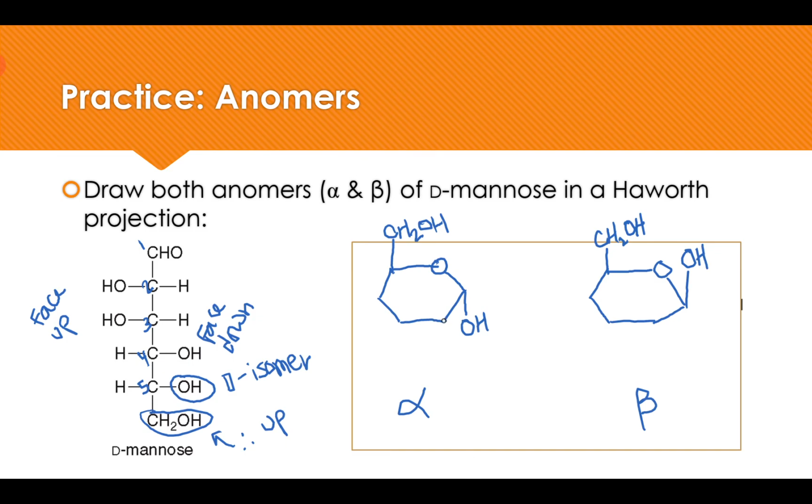Now I have to pay attention to the orientation of my OH groups for carbons 2, 3, and 4. Just those three locations. I see a pattern on 2, 3, and 4 of up, up, down. So I'm going to go up, up, down, up, up, down, and draw my OHs.